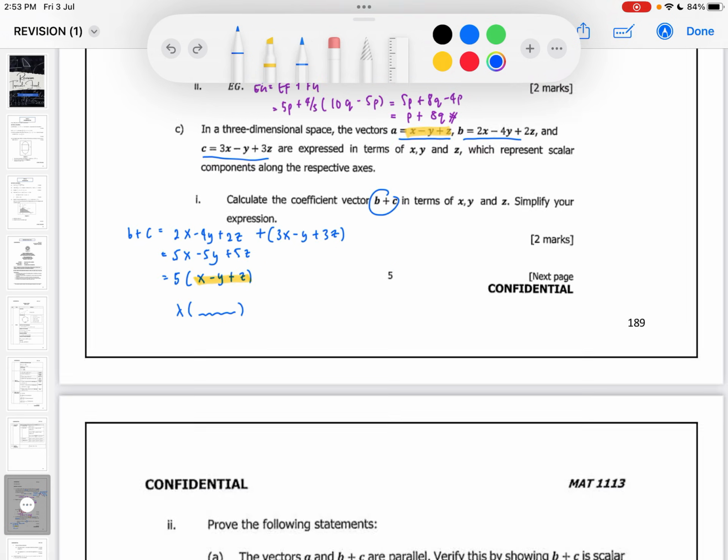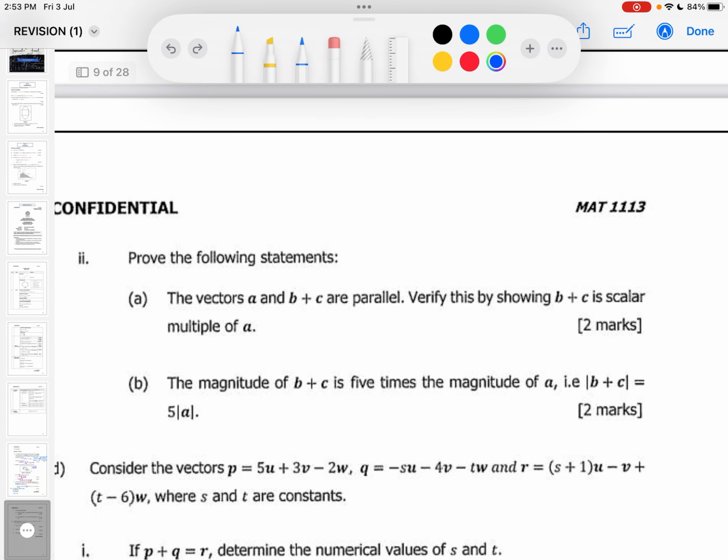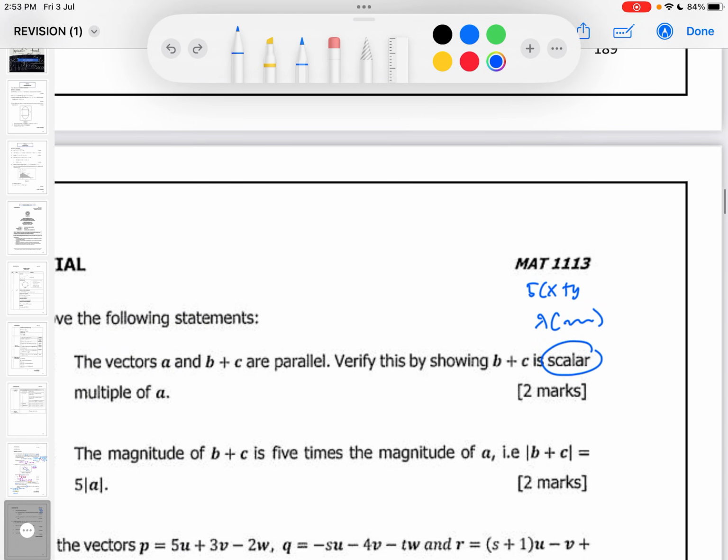Okay, let's move on to the next question. Prove the following statements. The vectors A and B plus C are parallel. This is what I mentioned earlier. Verify this by showing B plus C is a scalar multiple of A. So earlier we have 5 times (x minus y plus z), and we do know x minus y plus z is A. So that would be 5A.